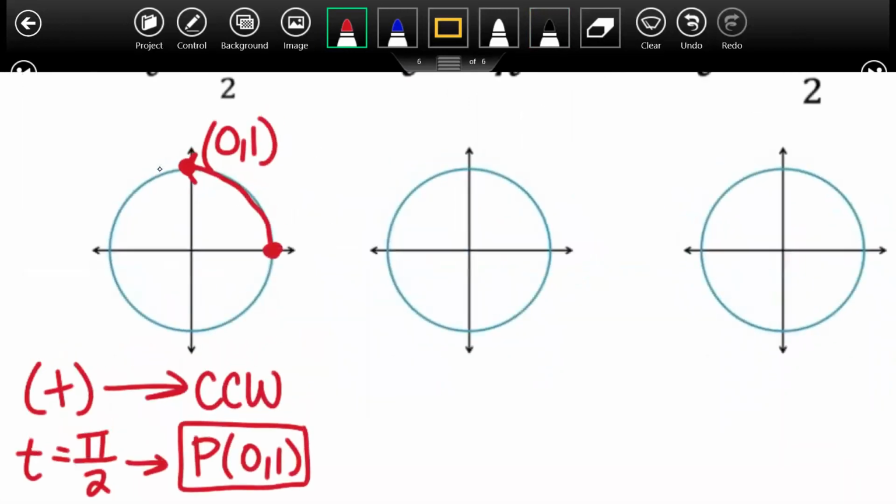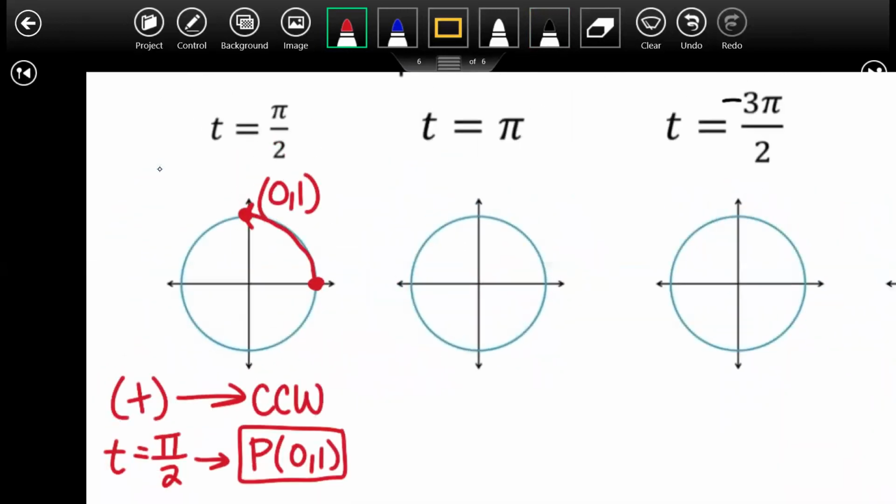Looking at our next one. T is equal to pi. Is this positive or negative? Positive. It's positive again, so we're going to go counterclockwise. And we're going pi units. So we're going to go a half rotation, sorry, not a full rotation.